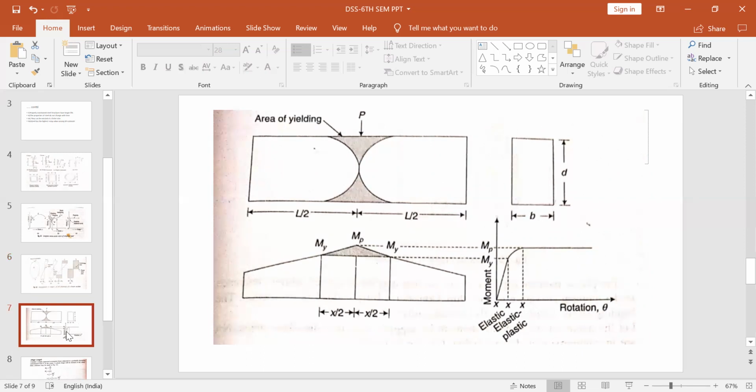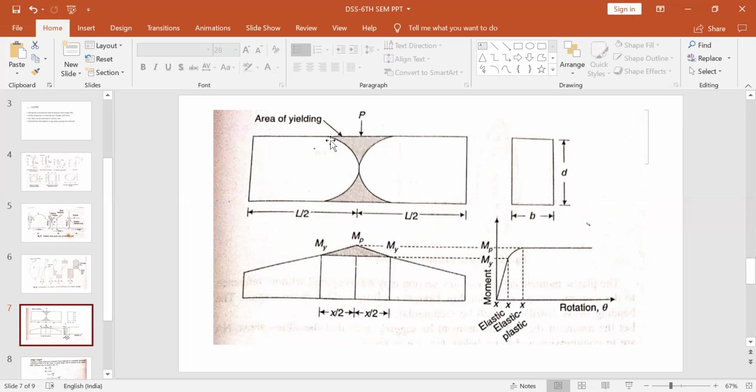Suppose, for example, this is a rectangular beam. This section is rectangular, width is B and depth is D. So this is your rectangular beam. Now this is the longitudinal section of the beam. Load is acting at the center of the beam. So definitely the bending moment will be maximum at the center. The plastic moment will be formed initially here.